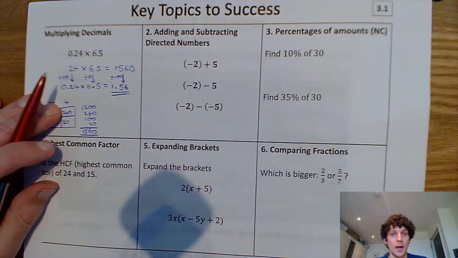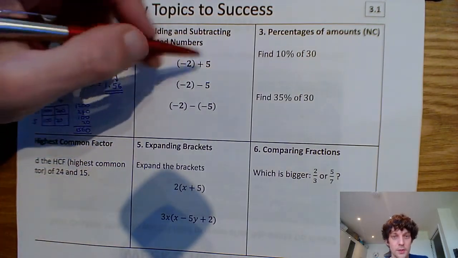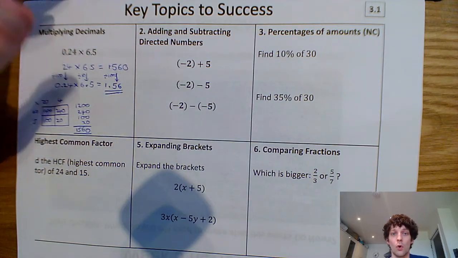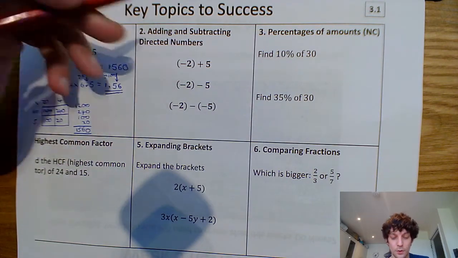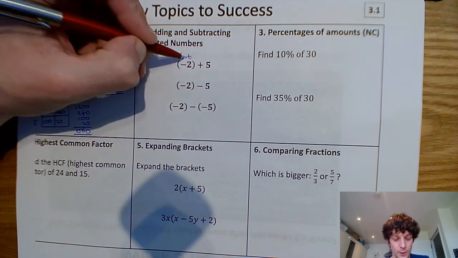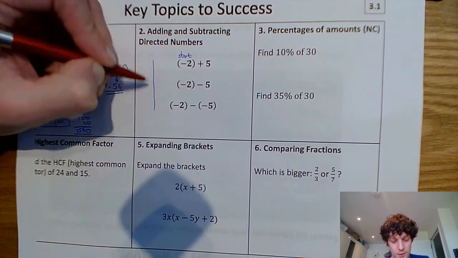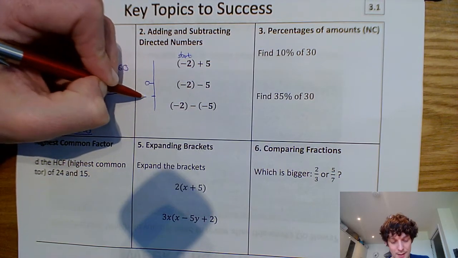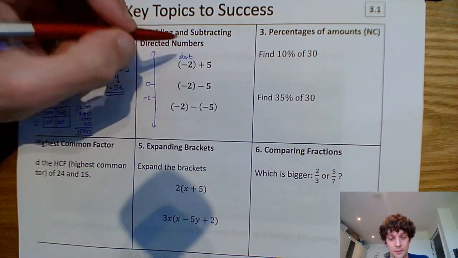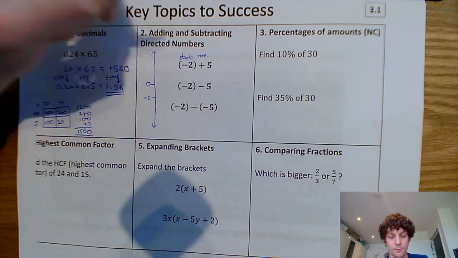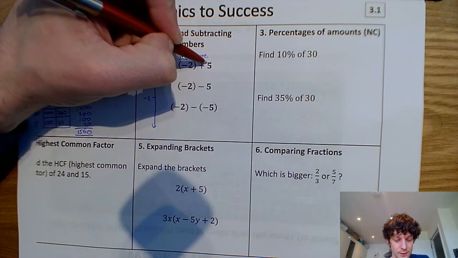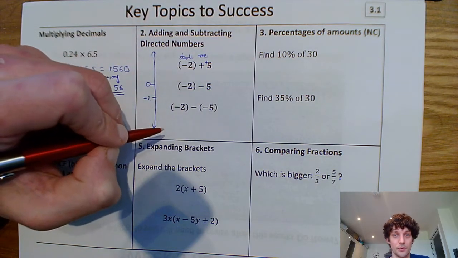Okay, adding and subtracting directed numbers. So we had this idea of whether things are being made more or less positive or negative. So we're going to look at things in the same way. Our first number is always where we start. So I'm starting at -2. And I'm adding something. So I'm getting more of something. If I'm adding 5, that's like saying I'm adding +5.